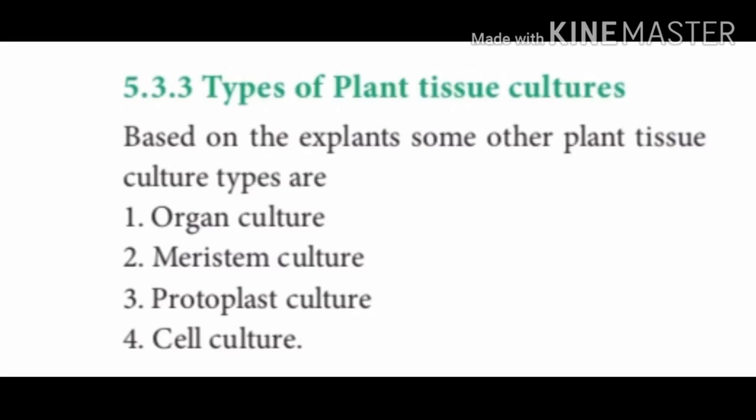In meristem culture, I concentrate only on the meristematic region, that is the region which undergoes repeated cell division. Similarly, in protoplast culture, I stick to my protoplast alone. I fuse my protoplast and then grow it into a new variety. And in cell culture, again, we are not growing an entire plant but a particular thing. So these are the various types of plant tissue culture which we will discuss in our lesson today.